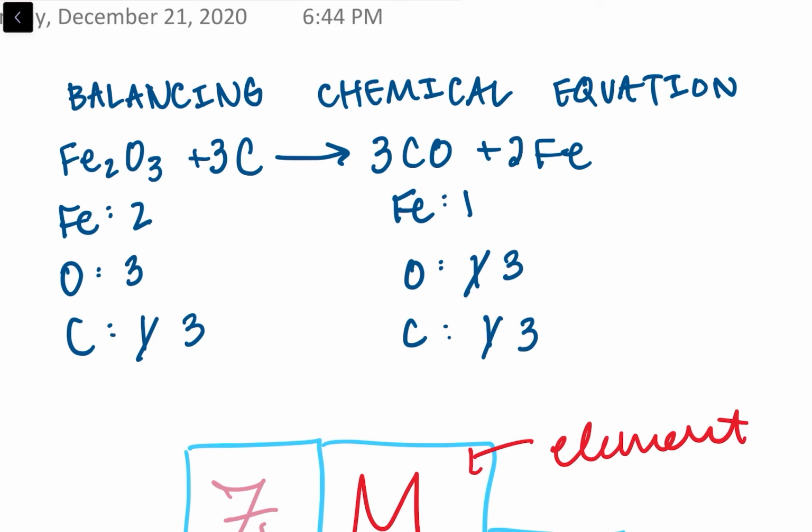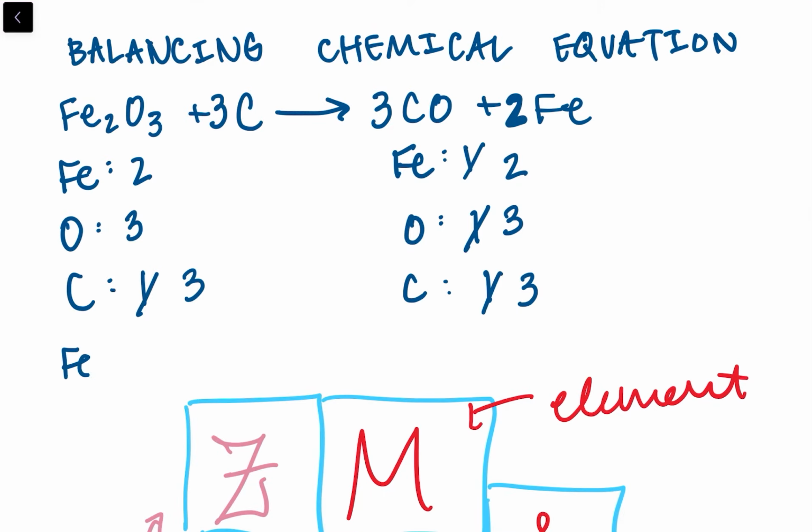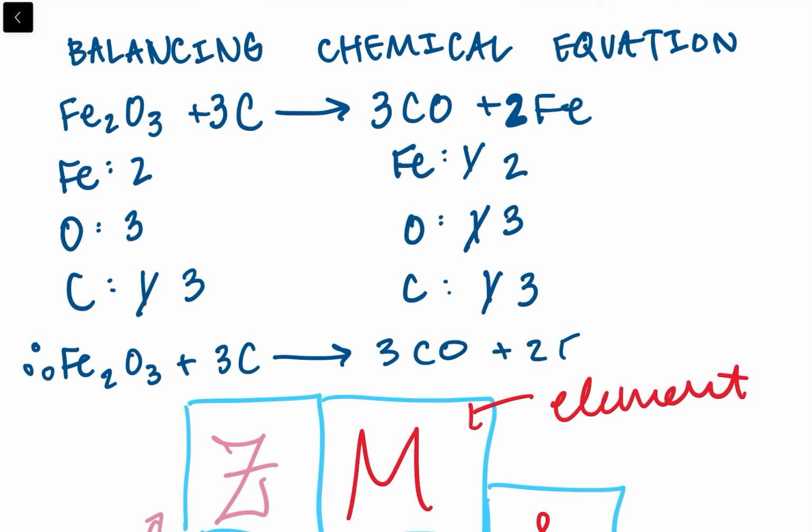So that is a quick, easy little change. Just write a 2 over here, and there you have it. The number of iron, oxygen, carbon match on both sides of the equation. So therefore, the balanced equation is Fe2O3 + 3C → 3CO + 2Fe. And that is as simple as it is.